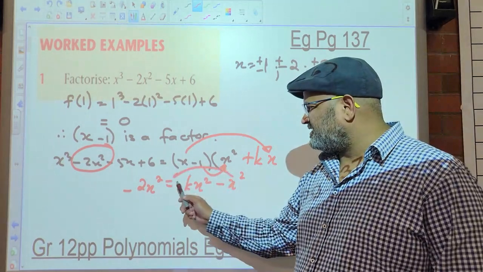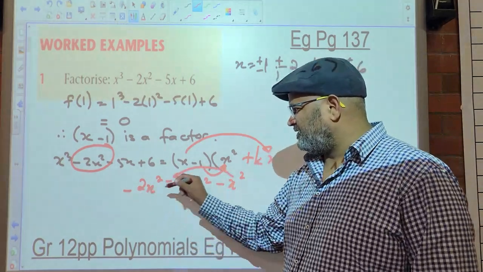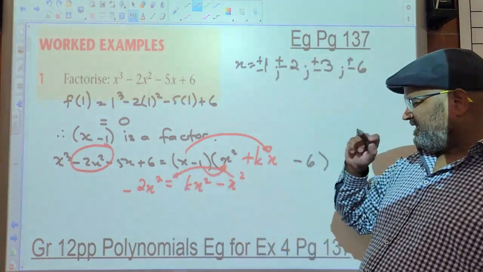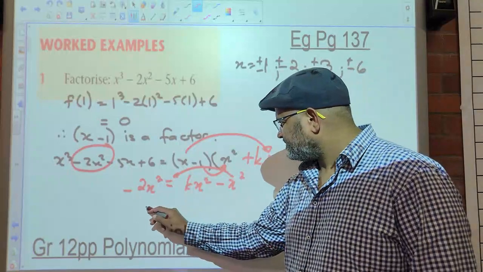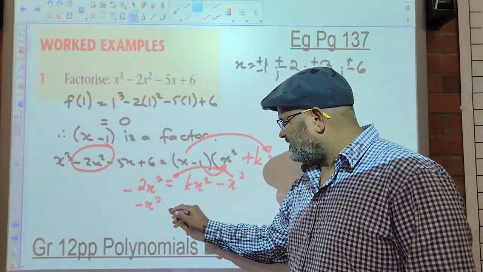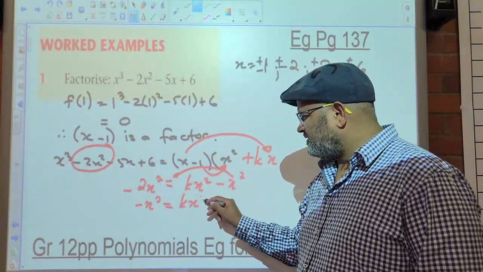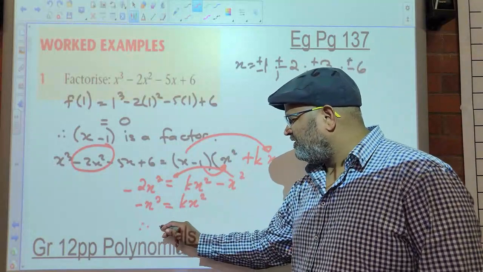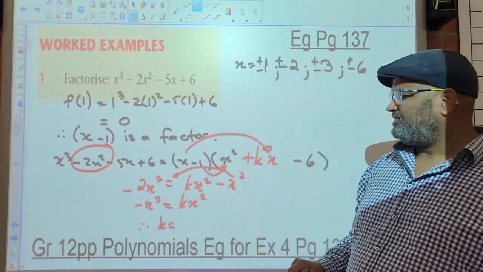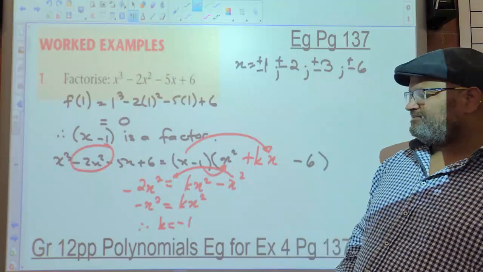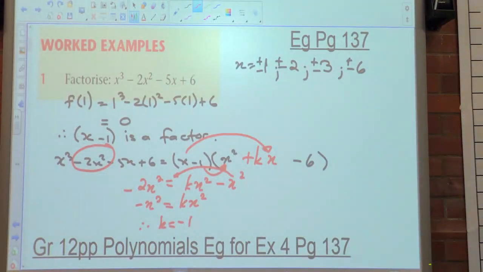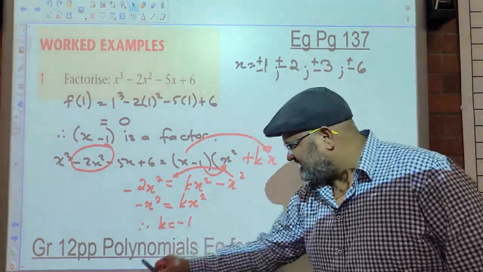We take it over the equal sign. Negative 2x squared minus x squared gives you what? Negative x squared is equal to kx squared. So therefore, k is equal to negative 1. Easy, no? Yeah, then again, everything else is easy.